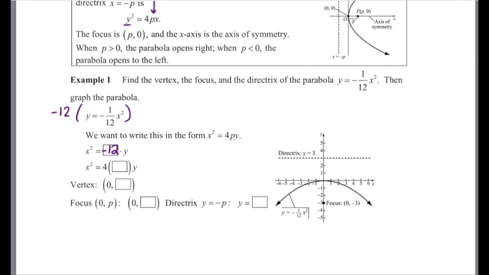And now we need to put it in the form of 4 times a value times y. So I can rewrite negative 12 as 4 times negative 3. So now my negative 3 is my p value. Then I know exactly what I need to find the vertex, the focus, and the directrix.